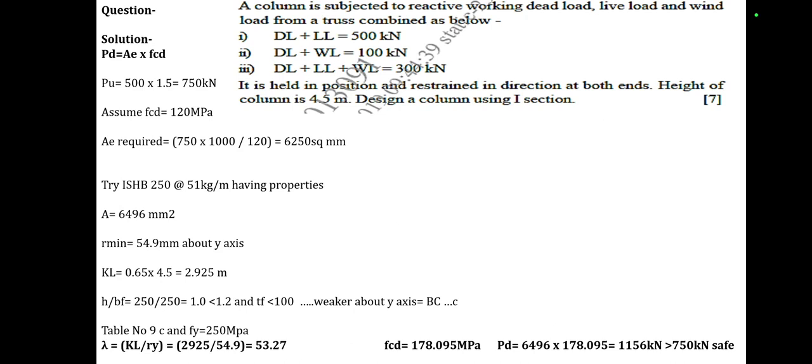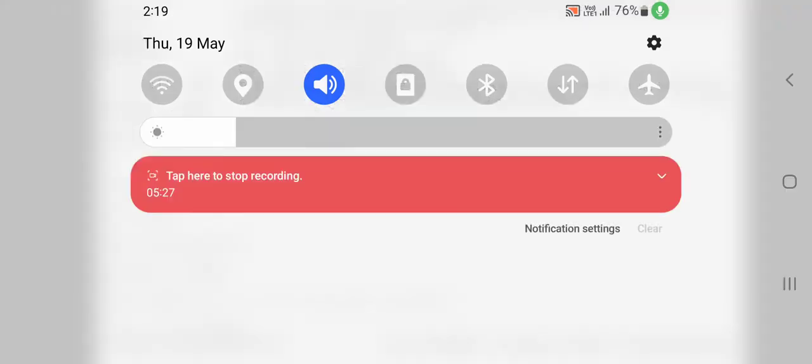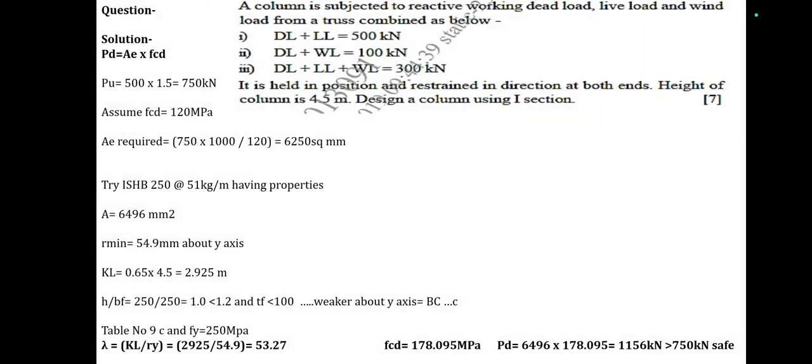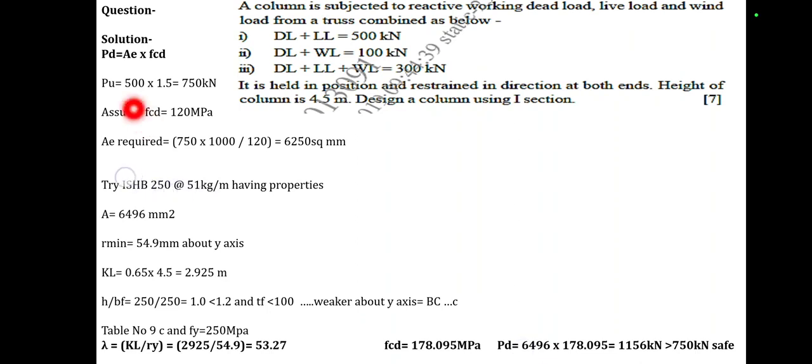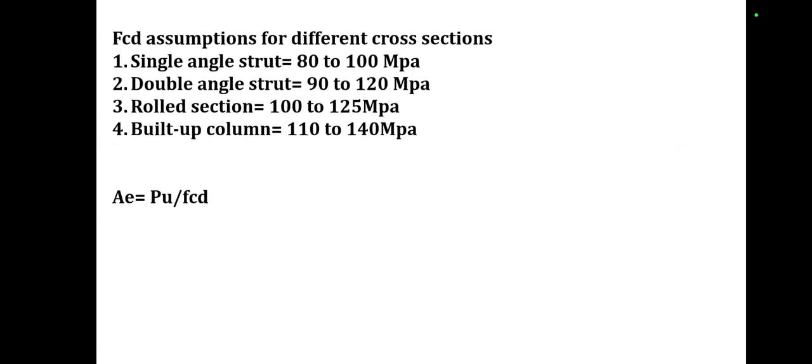So again we will shift to our first slide, that is how to calculate the area required. The area required is calculated by A equals PU divided by FCD, and PU is equal to 750 into 1000 divided by FCD assumed as 120, as shown in this slide.